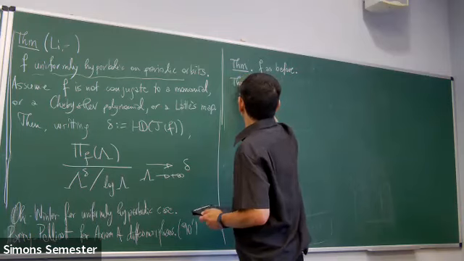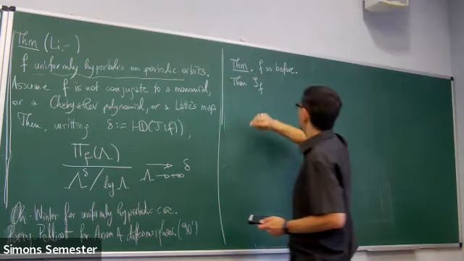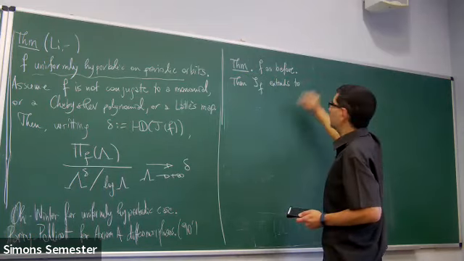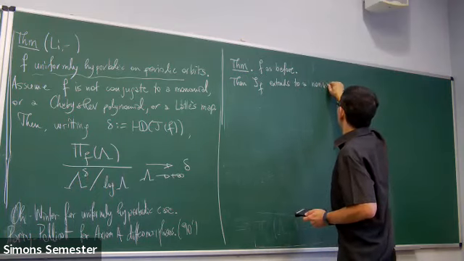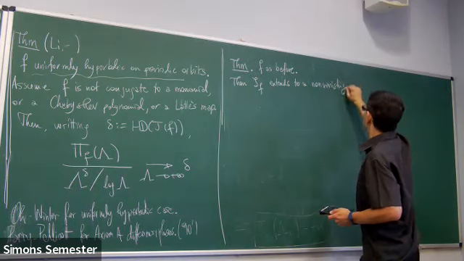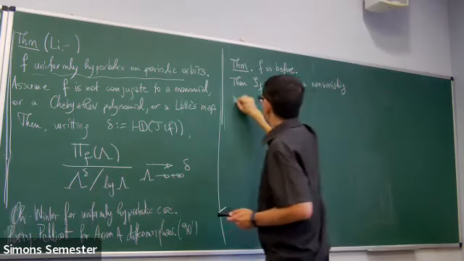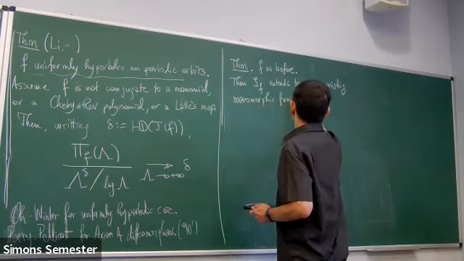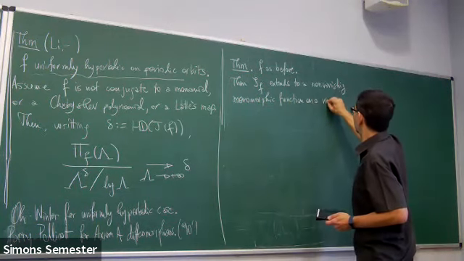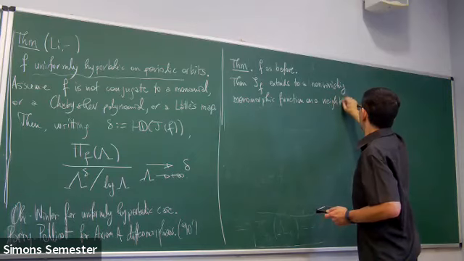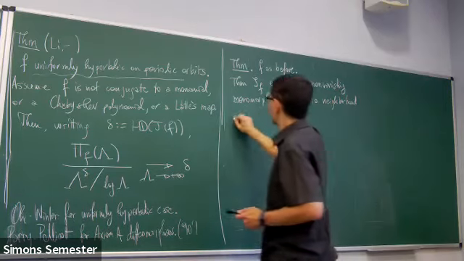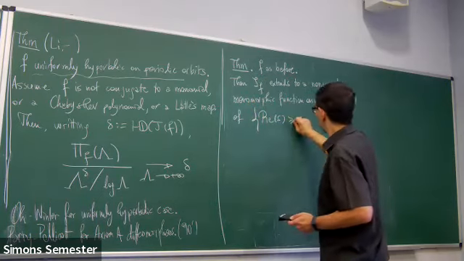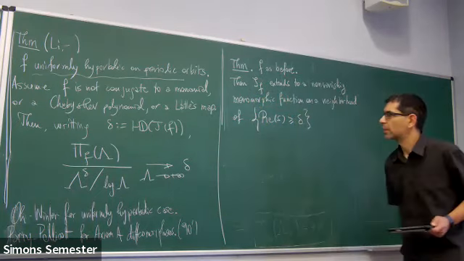And we can say that the Ruelle zeta function extends to a non-vanishing meromorphic function on a neighborhood of the half plane with the real part at least delta.